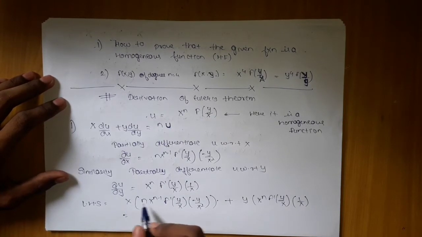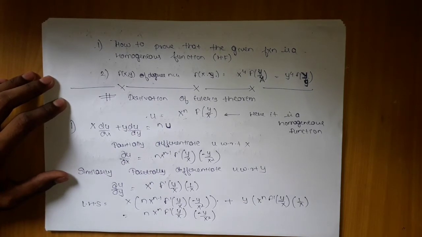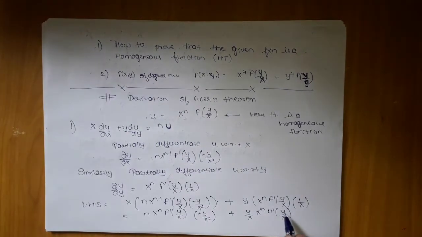If we multiply x inside, I am going to get n into x power n f dash y by x into minus y by x square. And here we are going to get y by x, x power n f dash y by x.